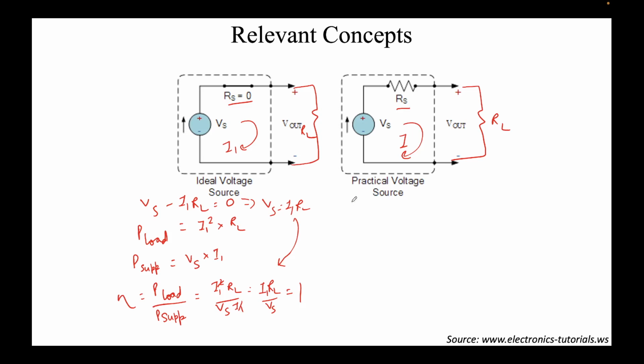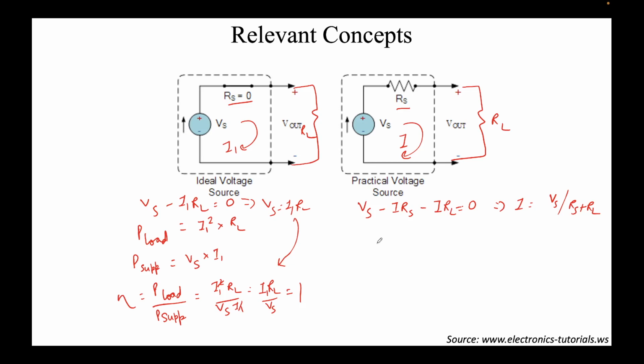Again, writing KVL, I can write Vs minus I Rs minus I RL equal to 0. Now, this will give me that the current is Vs over Rs plus RL. This is the current flowing through the circuit.